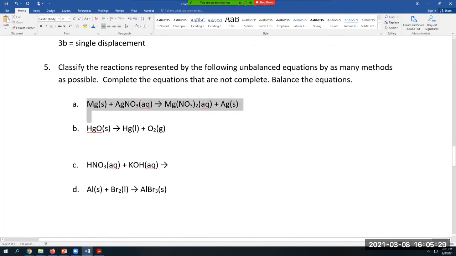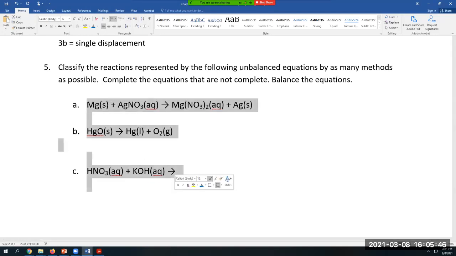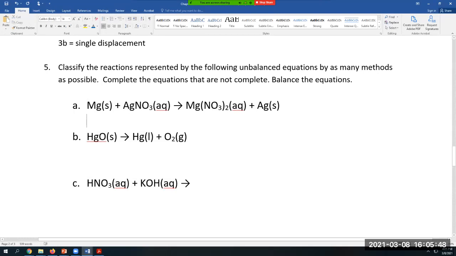It's this. We see magnesium plus silver nitrate gives magnesium nitrate and silver again as a solid. So we need to balance first. This is not balanced because we can see we have 2 nitrates on the right and only 1 on the left.